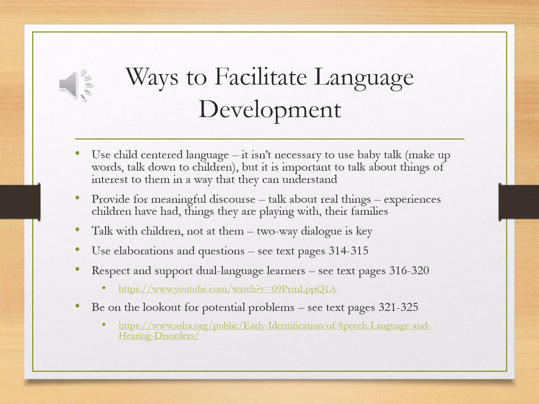But it doesn't mean that you should be, again, using different words or making up kind of baby talk words. You can use regular vocabulary and just think about what it is that children need to know, and talk about, again, things that are interesting to them so that they'll pay attention, things that they want to know about. That's really what child-centered language means.